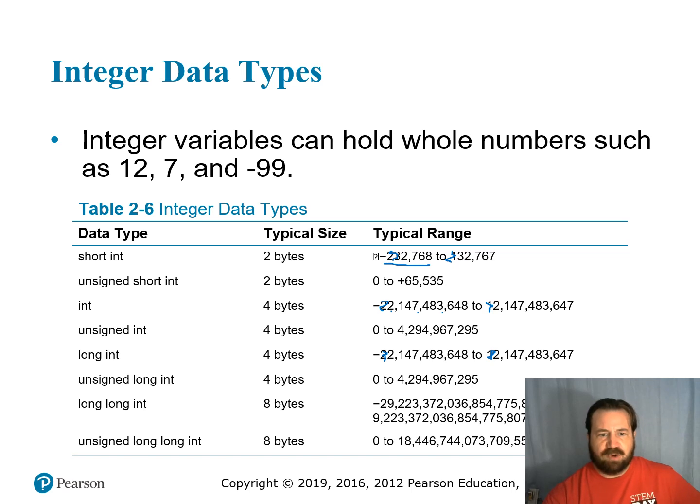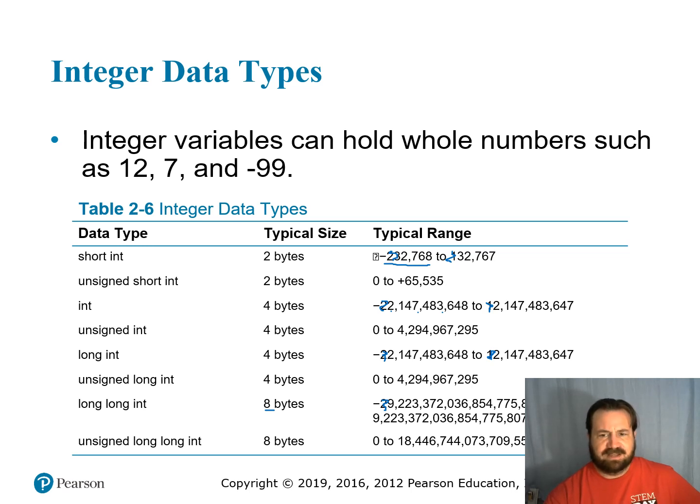Long ints in practice are still 4 bytes. If you want more room, you need a long long int, which is 8 bytes, which goes up to 9 quintillion.